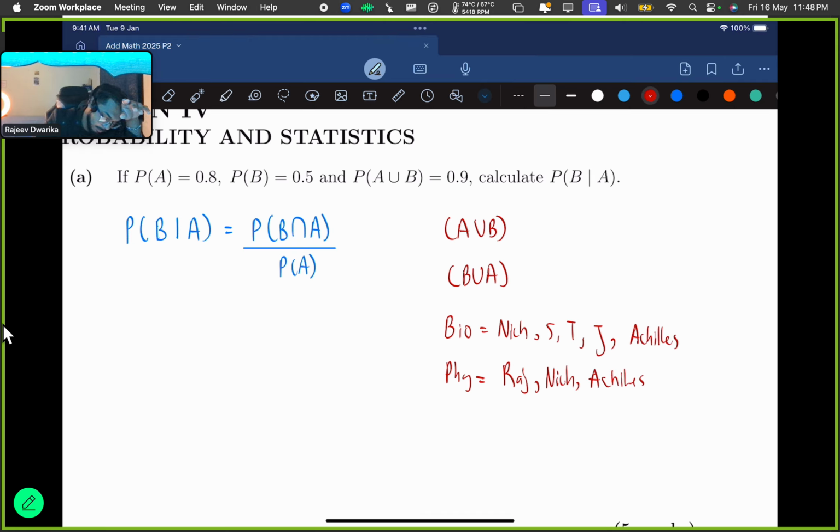If I combine both, it's going to be you, me, Nicholas, and the S, T, other birds. And if I say P union B, that's going to mean the same thing, I'm just combining.